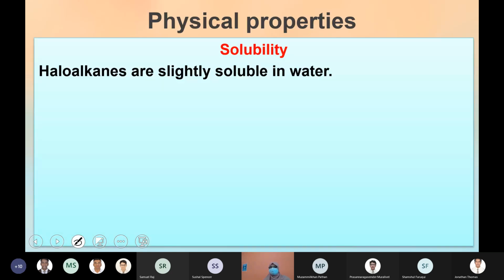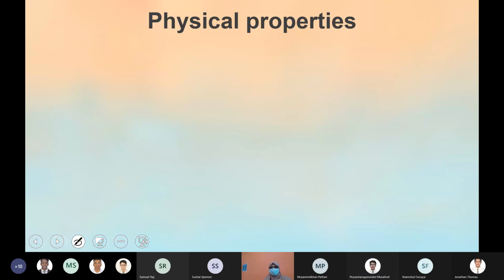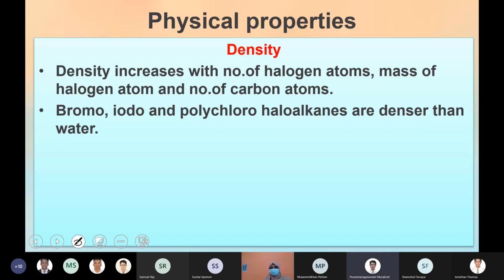Okay, let's discuss solubility. Haloalkanes are slightly soluble in water. They are not highly soluble. Density, just a general thing, no need to write: due to the presence of halogen, these compounds will be denser than water, because halogens contain more electrons.